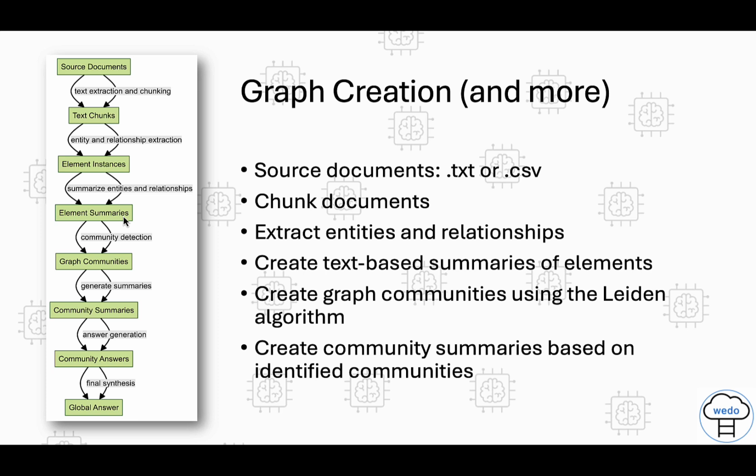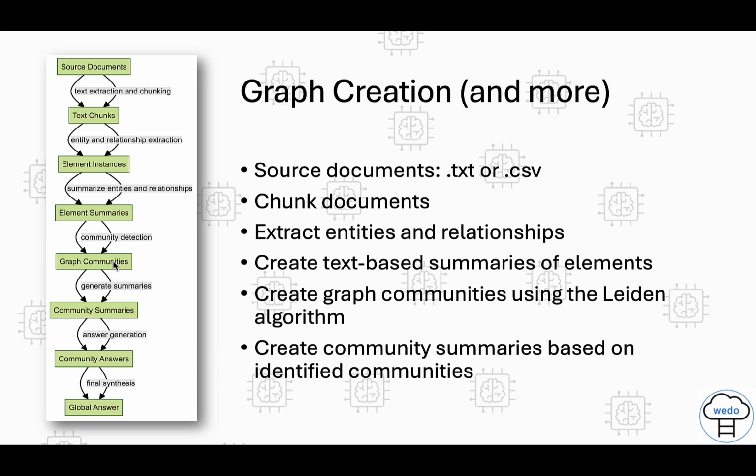Now, we could stop there, but the Microsoft GraphRAG solution also goes a step further. It uses the created graph and the elements in the graph to create what we call communities, which are different entities that belong together within the graph, and it uses some kind of community detection algorithm to do so.